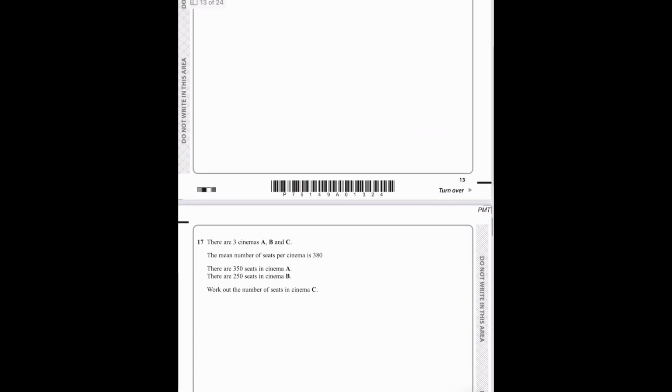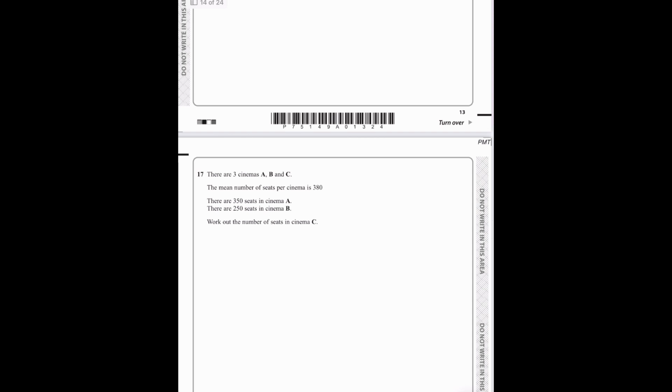There are 3 cinemas, A, B and C. The mean number of seats per cinema is 380. There are 350 seats in cinema A and 250 in cinema B. Work out the number of seats in C. So if the mean number is 380 and we have 3 cinemas, that gives us a total of 1,140.